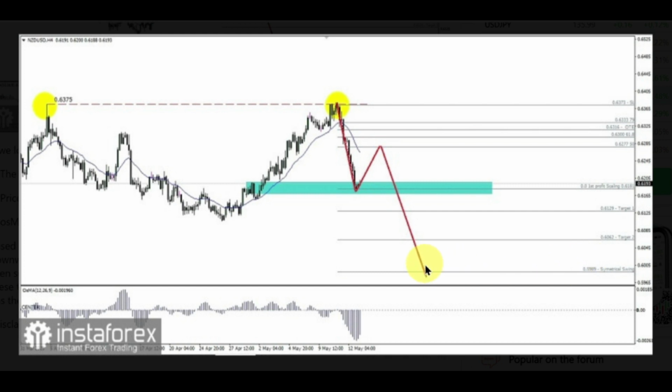Even so, the Kiwi still has the opportunity to be corrected upwards, but if there is an upward correction during its journey towards these targets and it does not exceed the level of 0.6341, then the Kiwi still has the potential to fall down.